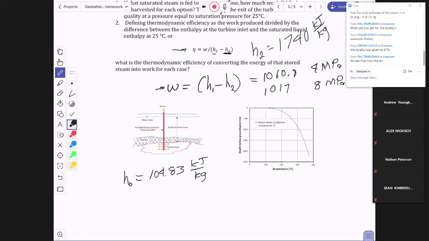And just another verification: C sub P is equal to C sub V. It doesn't really matter. Enthalpies and internal energies are the same thing with liquids and solids. Okay, I need a calculation. Somebody give me a calculation for the efficiency for the 4 megapascal case.